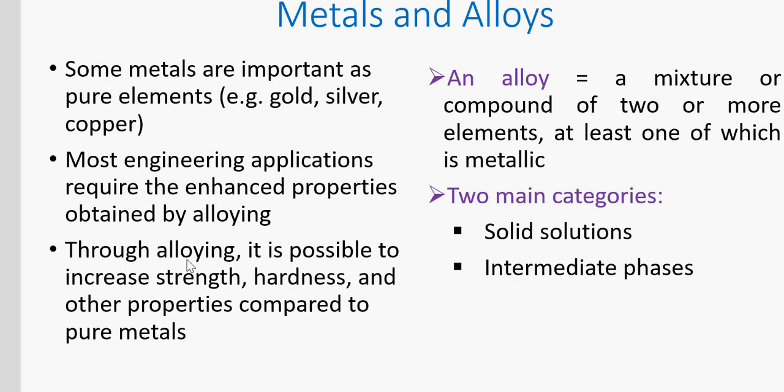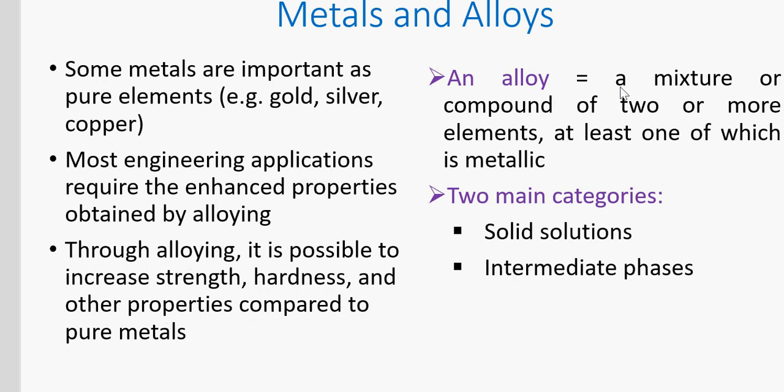The moment we add carbon, maybe even 0.5%, to make steel or cast iron, the strength becomes significant. We are going to see this later when discussing the phase diagram. Through alloying, it is possible to increase strength, hardness, and other properties of pure metal, significantly improving them.